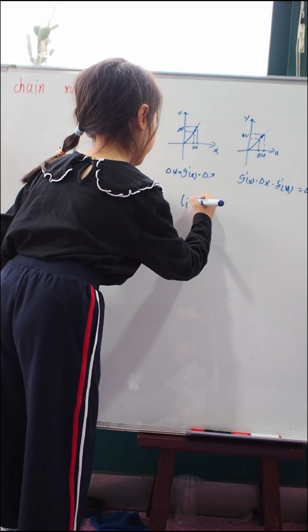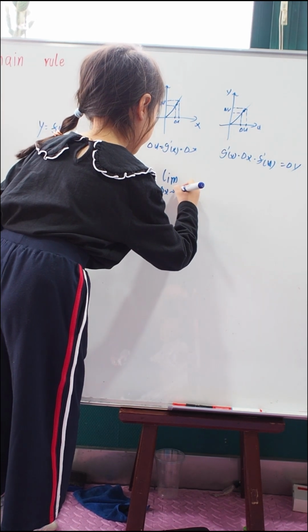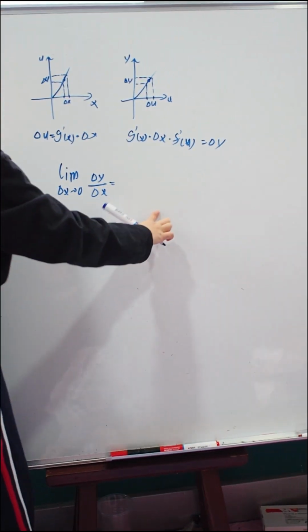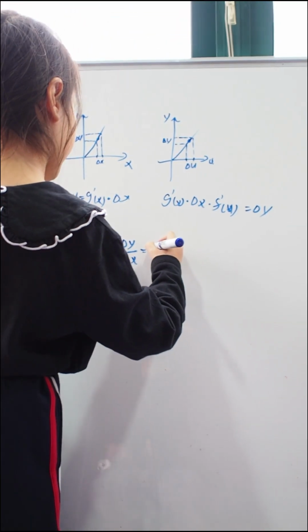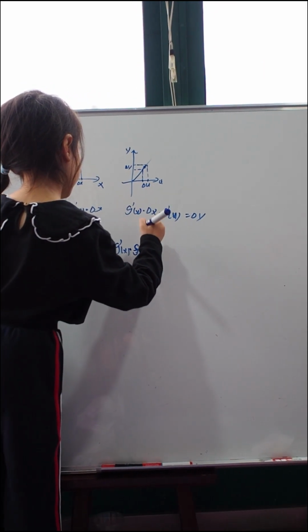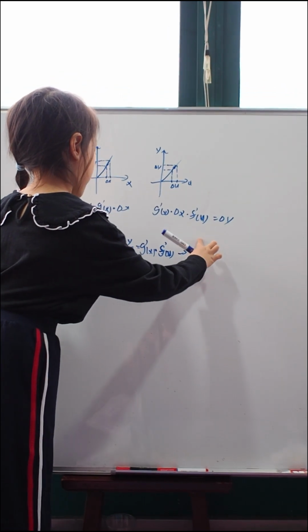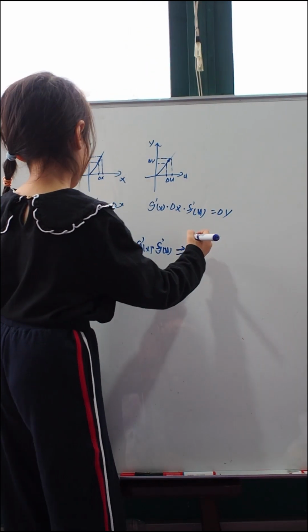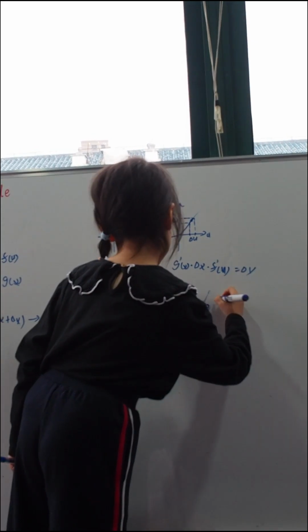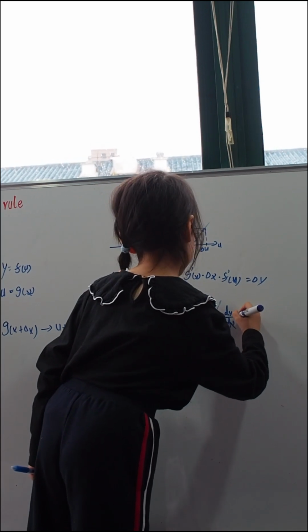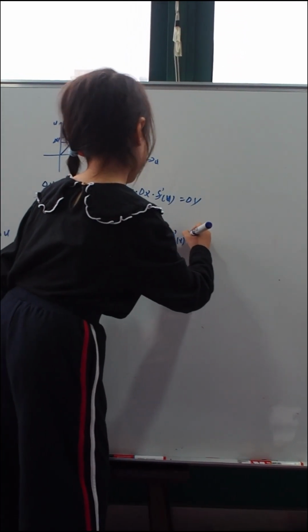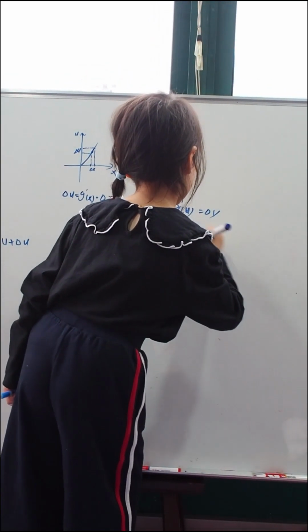Now we can write the limit. As delta x approaches 0, delta y over delta x equals g'(x) times f'(u).